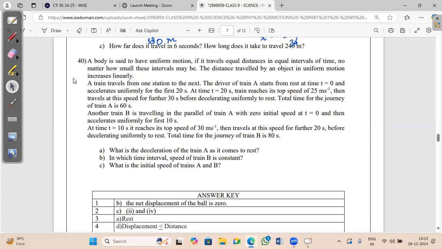You have to find the deceleration of A. You got the answer?